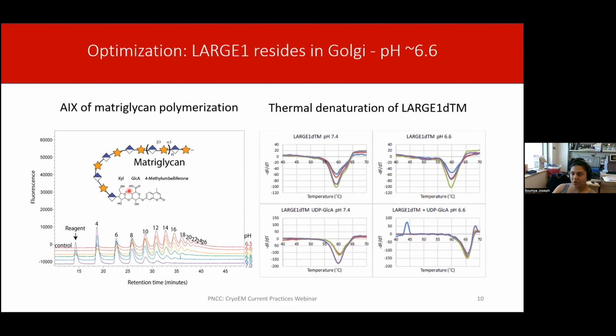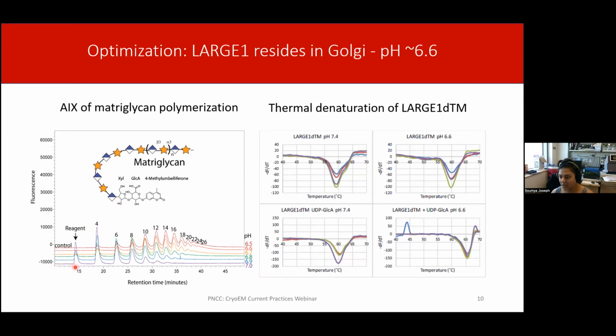So one of the things we wanted to optimize for LARGE1 was the pH that we were going to vitrify the grids at. LARGE1 functions in the Golgi, and you can see that here in this anion exchange chromatogram, where we've added the 4-methylumbelliferone substrate as well as UDP xylose and UDP glucuronic acid, so it can make a full chain of matriglycan.